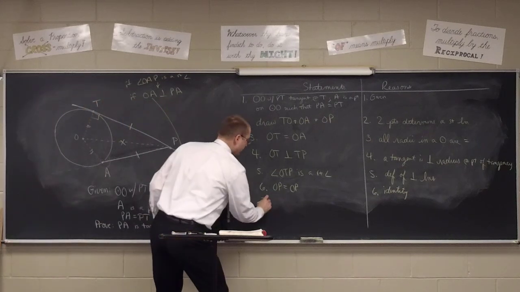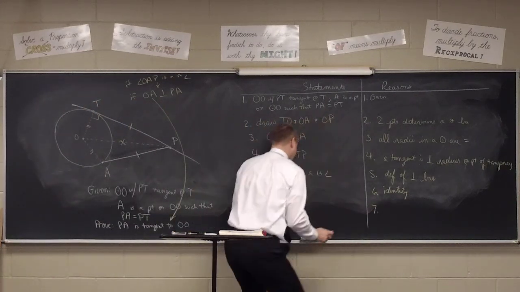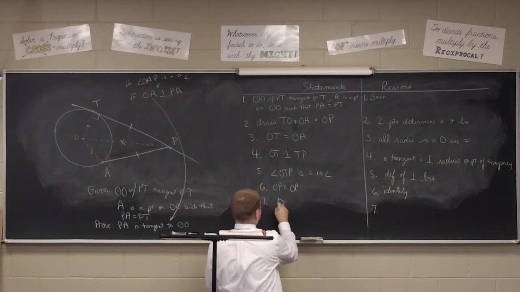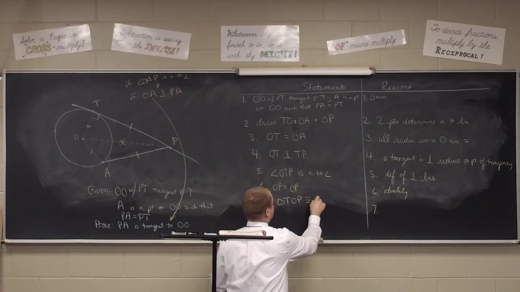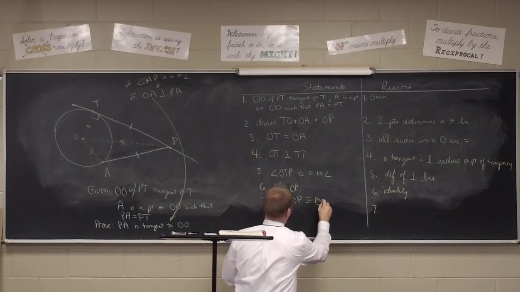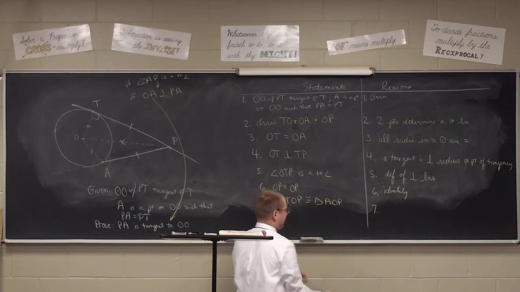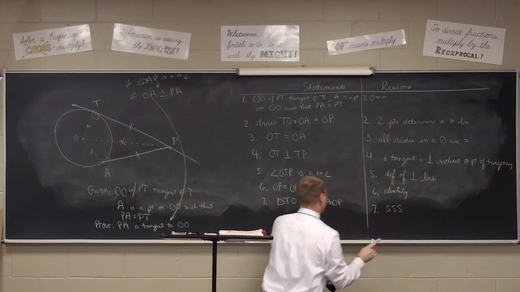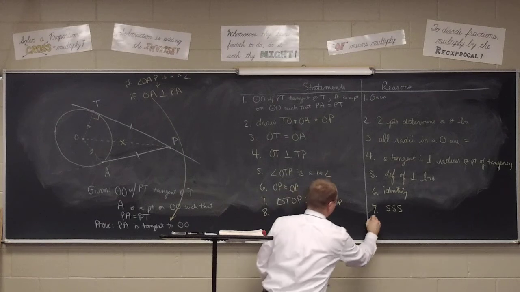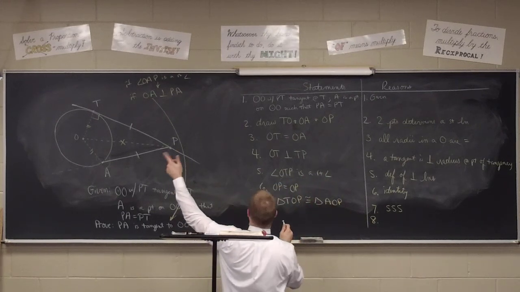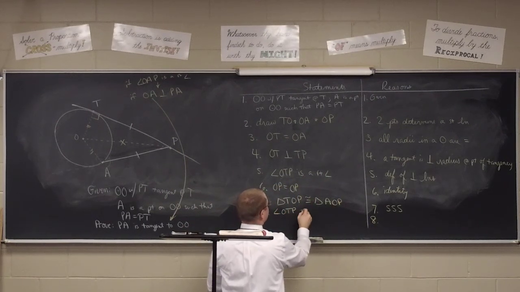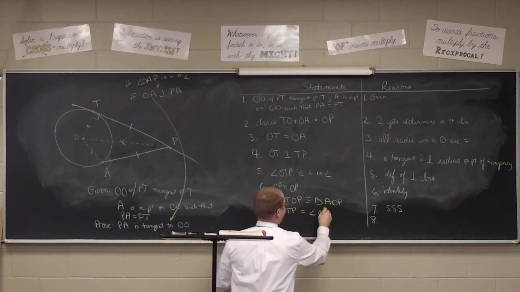Class, I do have 2 triangles that are in fact congruent, so we could say that triangle OTP is congruent to triangle AOP by side, side, side.